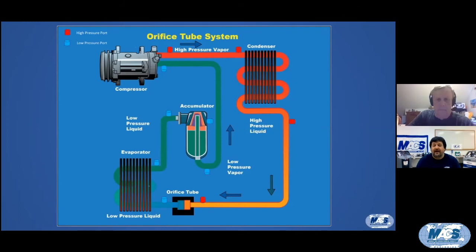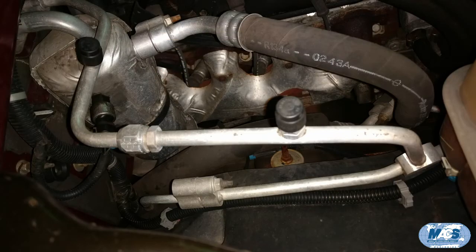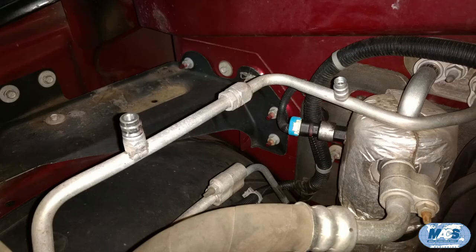Right. So now this actually looks familiar to me, at least down towards the bottom of this picture. I've actually seen vehicles set up that have the high and low side service ports on either side of the orifice tube. Yeah, Steve, GM came out with a configuration like that in the early 2000s on their pickup trucks, where the service ports were right there on the same line on each side of the orifice tube.